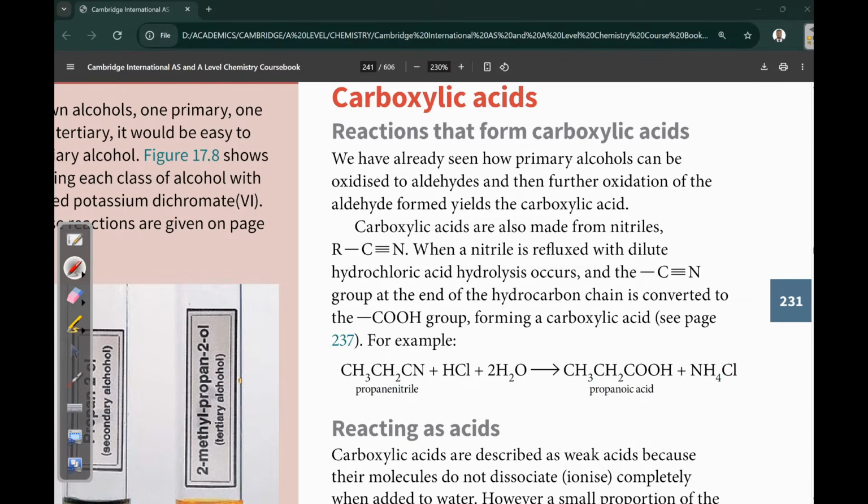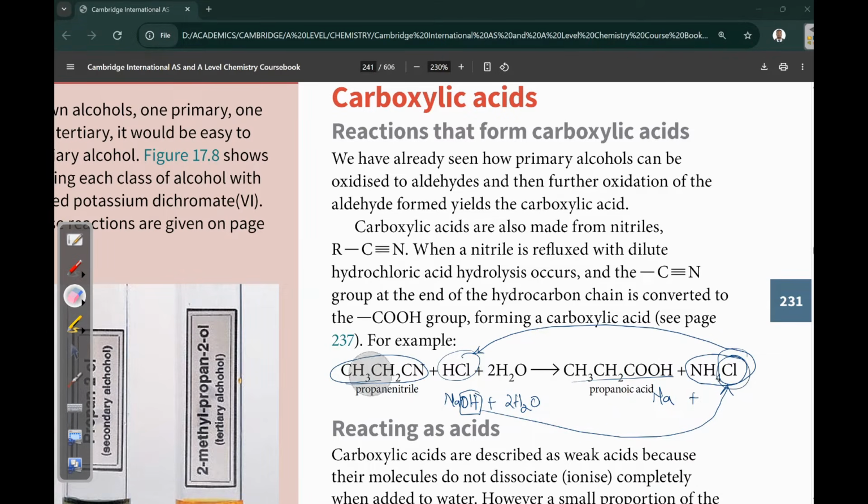I'll put sodium hydroxide aqueous, and I'll add the water. Then I get here the Na, then plus. Instead of writing NH4Cl, because the Cl here comes from the HCl, I'm going to take the OH and attach it on this. Then it will give me ammonium hydroxide. You see that?